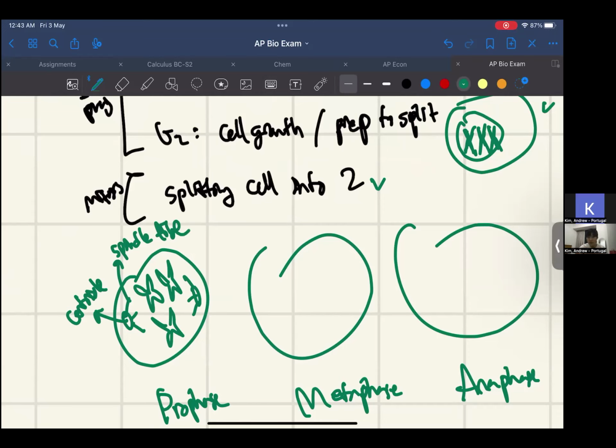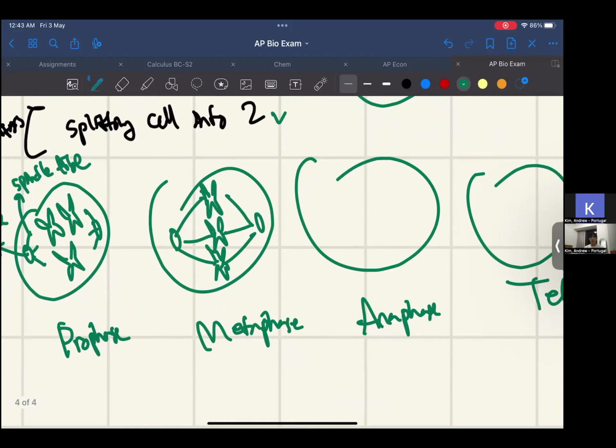And once the spindle fiber comes out, the cell will enter metaphase, where the spindle fibers will actually attach to the chromosomes, like this.